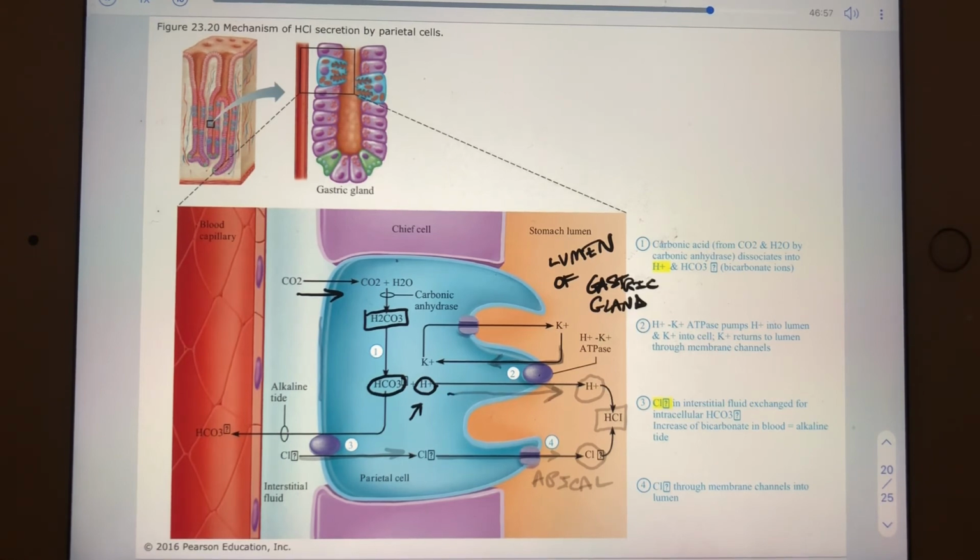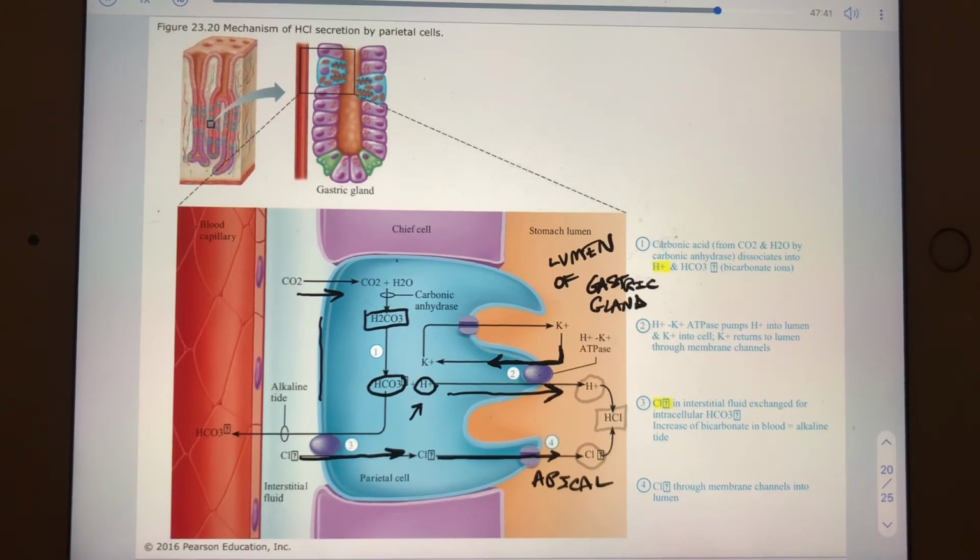And so the parietal cell will pump them out by exchanging for another positively charged ion, potassium, so that there's no bulk change in membrane potential. And in the meantime, the parietal cell is also pumping in chloride ions, and it shunts those ions all the way through from basal surface to apical surface.